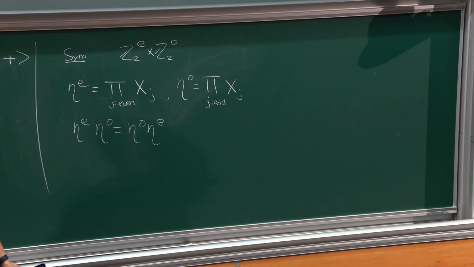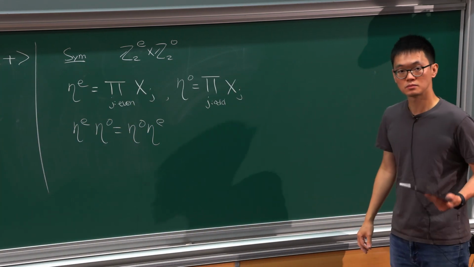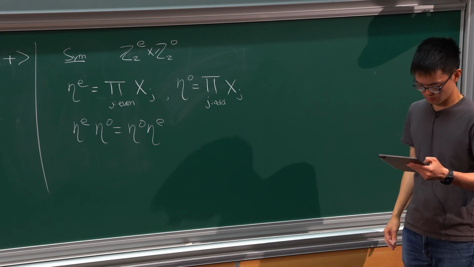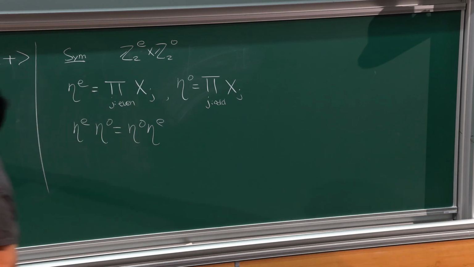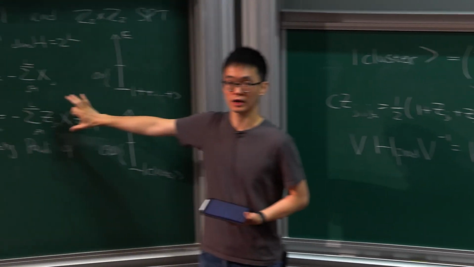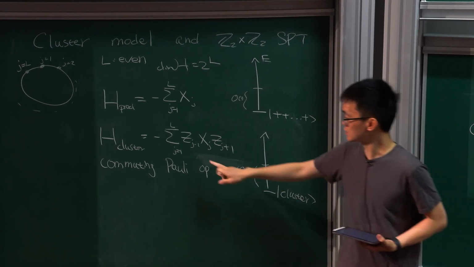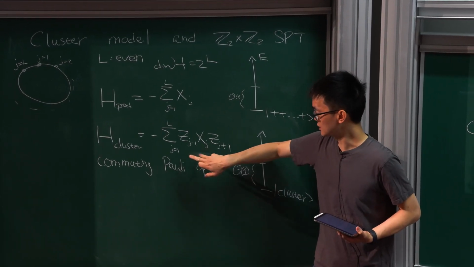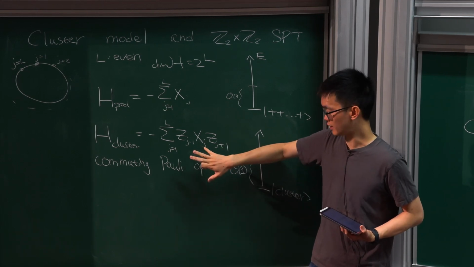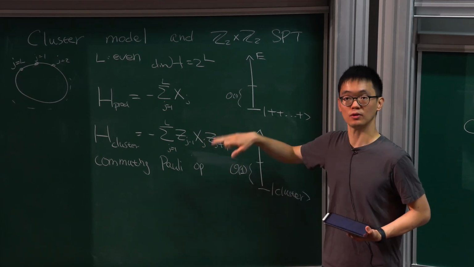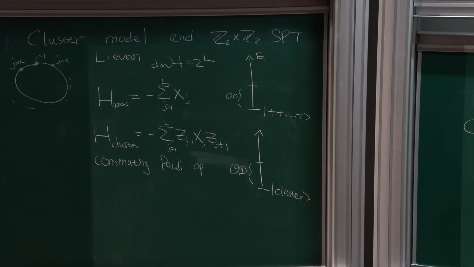And each one of them squares to plus 1. Great. And you can see that both Hamiltonians, the product and the cluster, are invariant under Z2 even and Z2 odd. Because in the cluster case, whenever you have Z's, both Z's have to be either both odd or both even. So that's why this Hamiltonian has more symmetries than the Ising model.